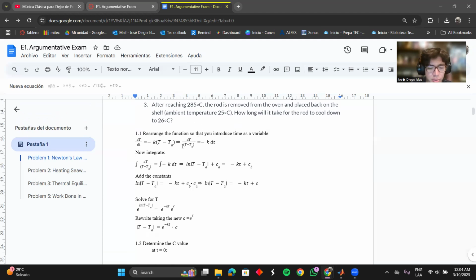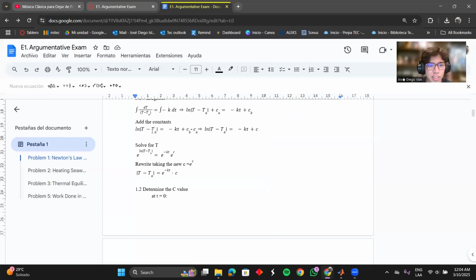The first step is to move this dt to this side, and move this to the other side, right? Okay, now we're ready to integrate. That's pretty simple. Here k is the constant.